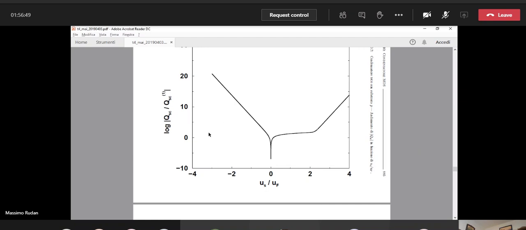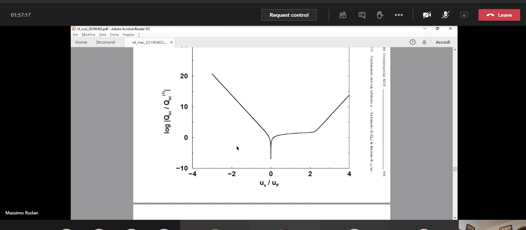Of course, in a log scale, when the charge is 0, the diagram goes to minus infinity. So this peak here is because we are in a log scale, okay? So this is the behavior of the charge per unit area in a log scale as a function of the normalized potential.